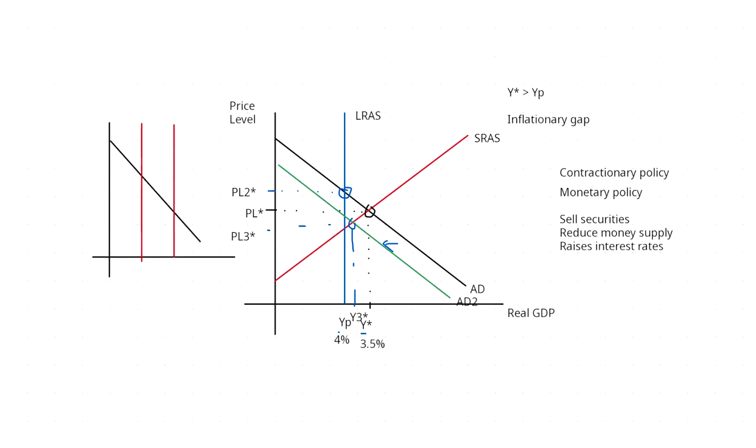So MS1 is here. MS2 is here. Market demand is here. Amount of dollars being borrowed is here. And your interest rate is here.